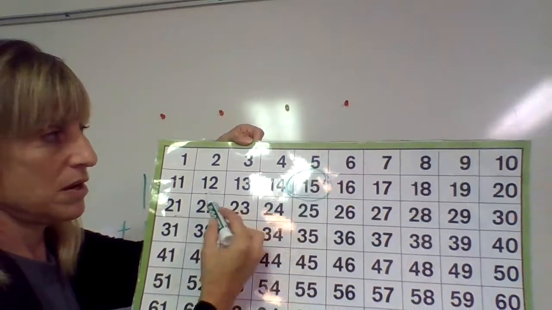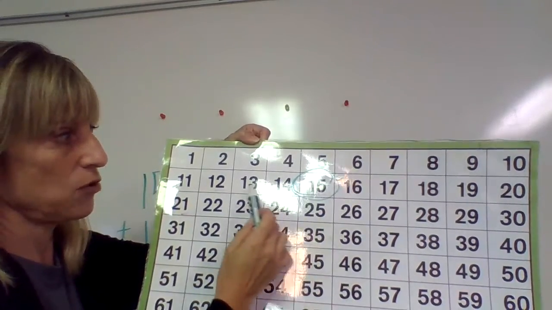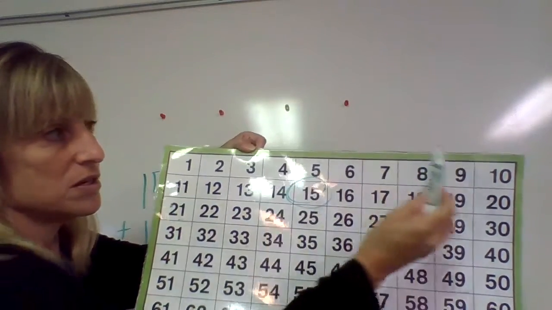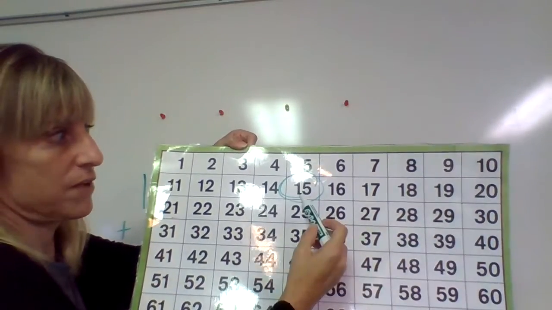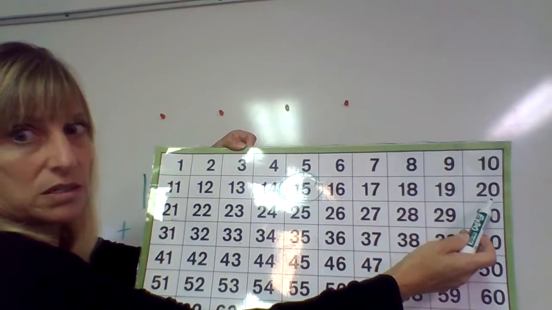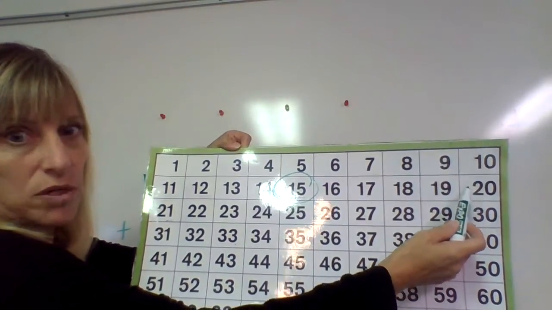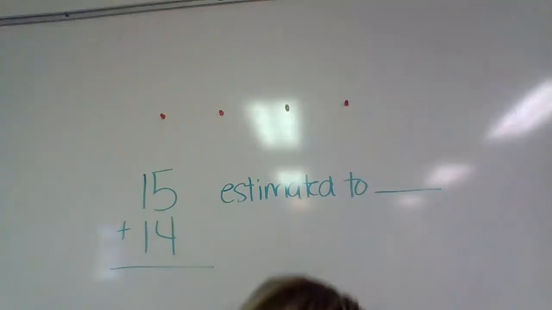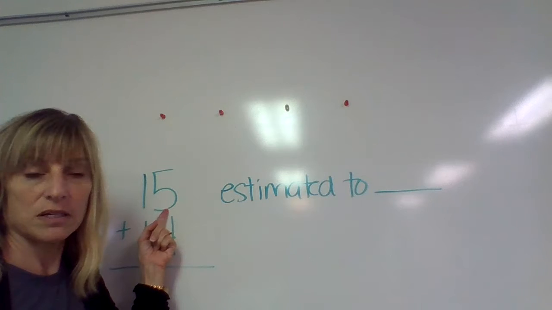Okay? And you can tell on this chart that 15, if I go backwards, is in between 10, and if I take 15 and go forward, is in between 20. Okay, so 15 is in between 10 and 20. Okay, but we had a rule when there was a 5 in the ones place.